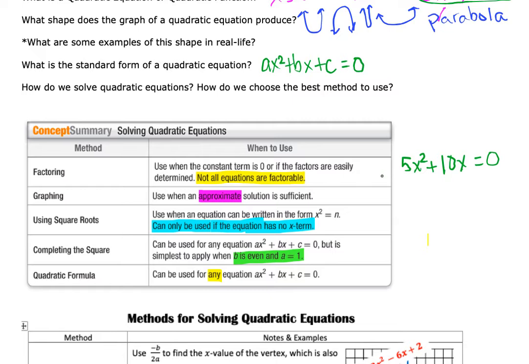You can factor trinomials into groupies, and that's good. But the bad part about it is that not all equations are factorable. When they are, they're quick and easy. When they're not, then you have to resort to something else.